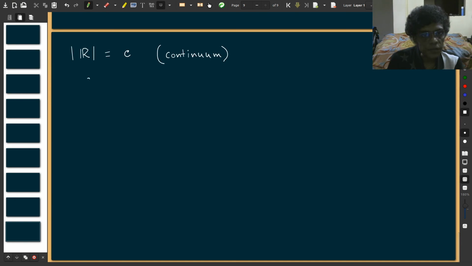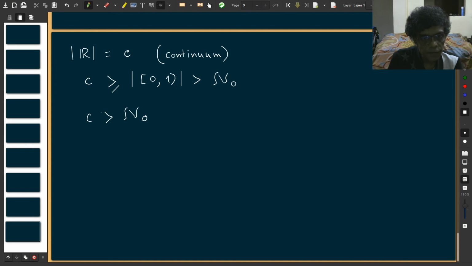And we have already established that C is greater than or equal to the size of (0, 1), which is greater than aleph naught. So, we have proved C is greater than aleph naught.